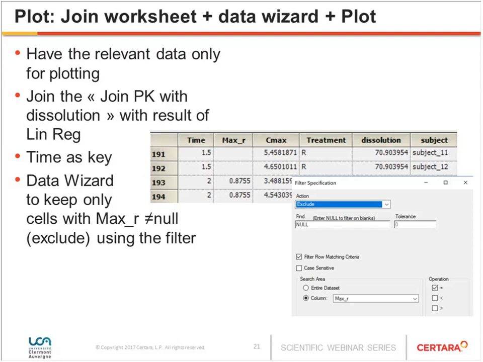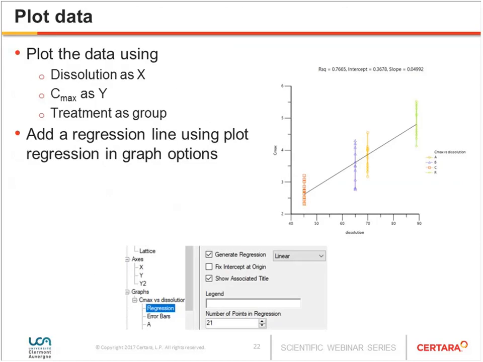When you run it, you will have then a subset of data which corresponds to the time, the max R, of course, the Cmax, the dissolution, and the subjects. So you have everything that you need now to make a plot and to calculate your predictability with the intercept and the slope that you will have also to extract.